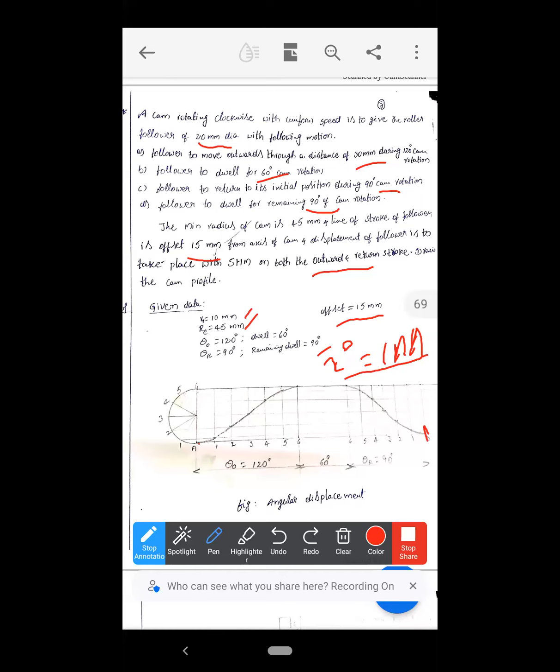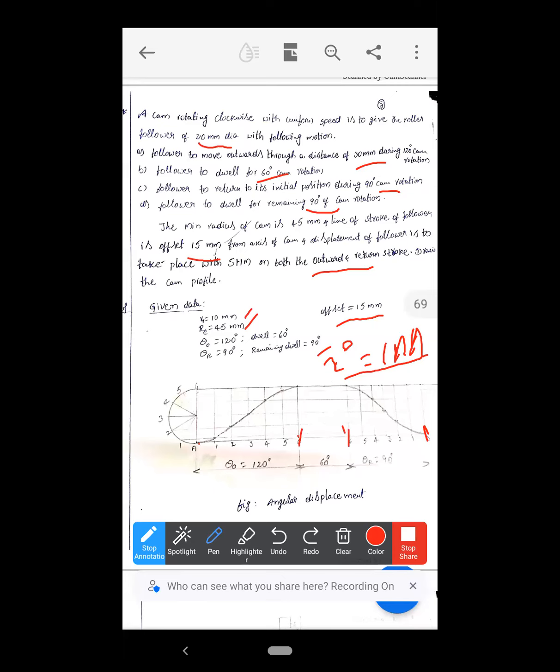In this, the outstroke period is 120 degrees, followed by the dwell period, the return stroke and the remaining dwell. From position A, set up the outstroke of 120 degrees, which is 60 mm in length. Later the dwell is 60 degrees, that means a 30 mm gap.